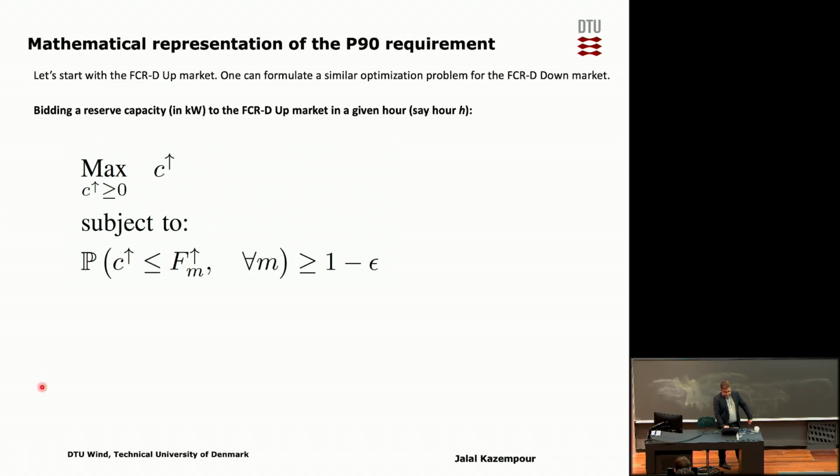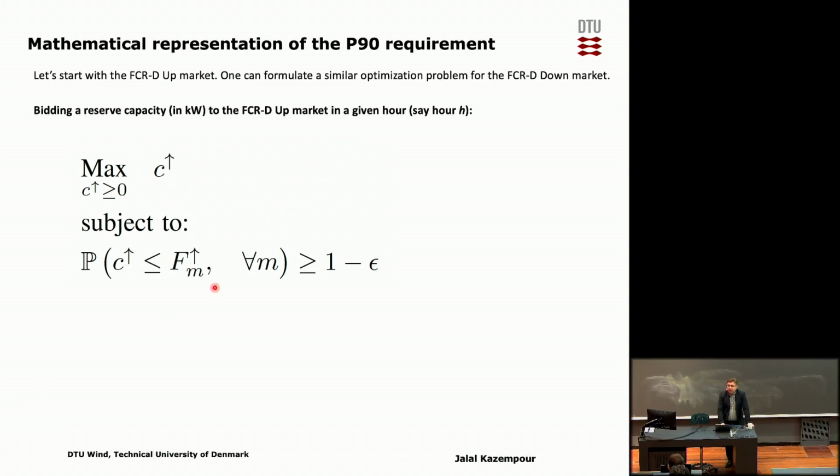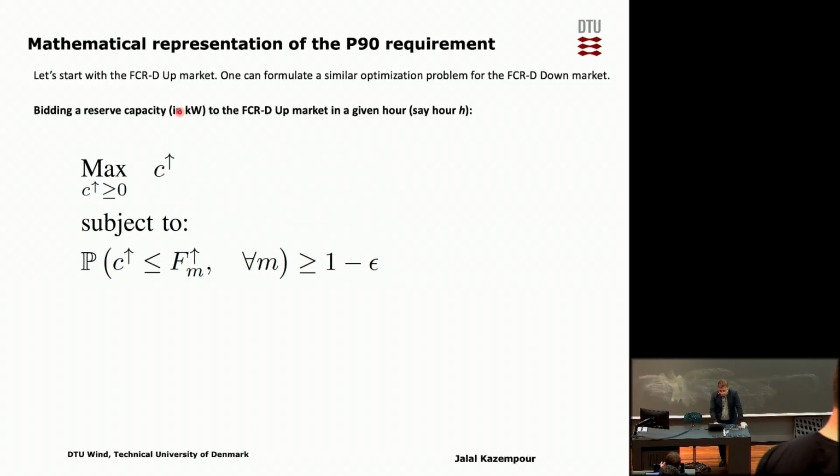Let's start with only FCRD up for now. So C up is our bid in kilowatt or megawatt of FCRD up in a given hour. Since this problem is solved per hour, I didn't put an extra index of H, but you can do that.